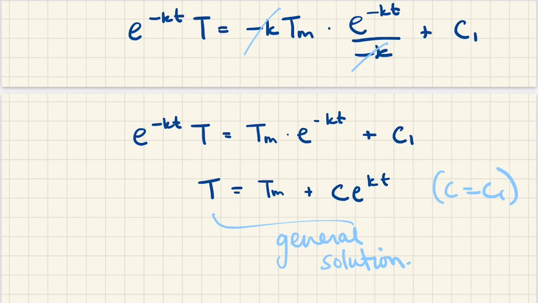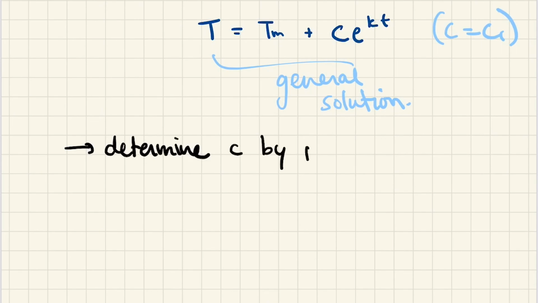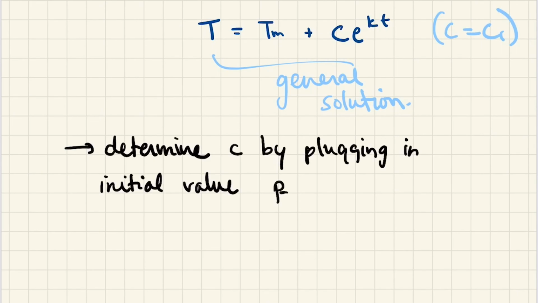Okay, now this was an initial value problem, so now we're going to plug in the initial value. The initial value was that T of 0 is equal to T0. Again, this is a very general model here, so we're leaving it up to the actual scientists using it to plug in these specific parameters.